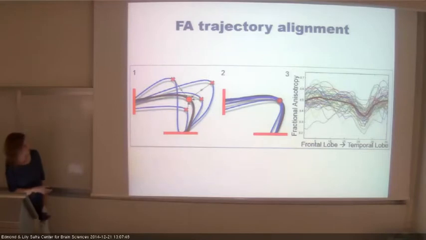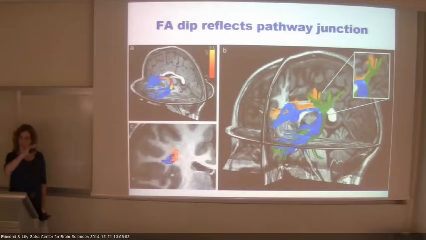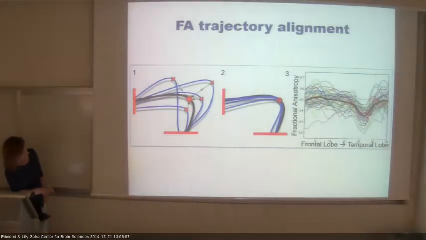So we did something that we thought would help. We took these profiles and we used the point in which the tracts diverge. And that is also, by the way, the point of maximum curvature of the tract. We used that point in order to align the profiles.